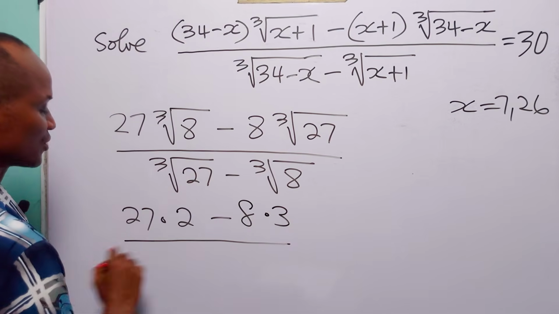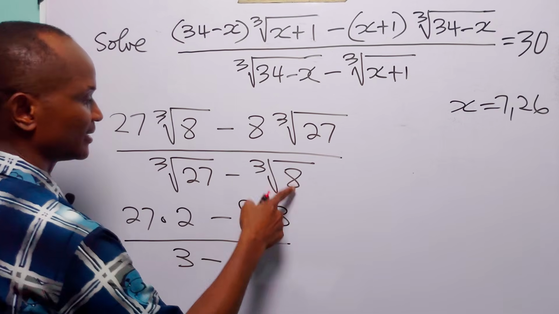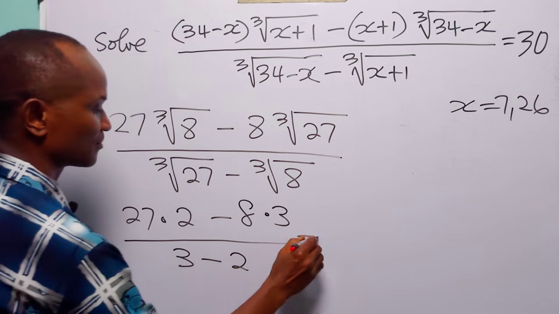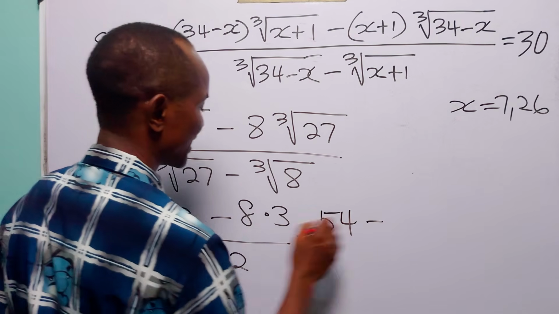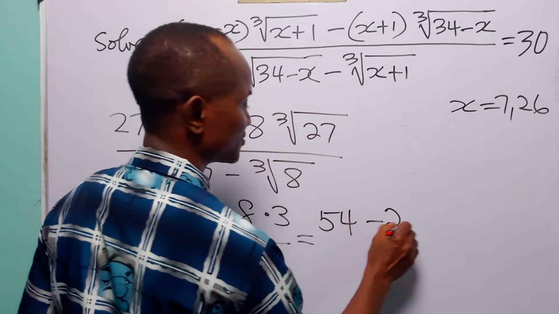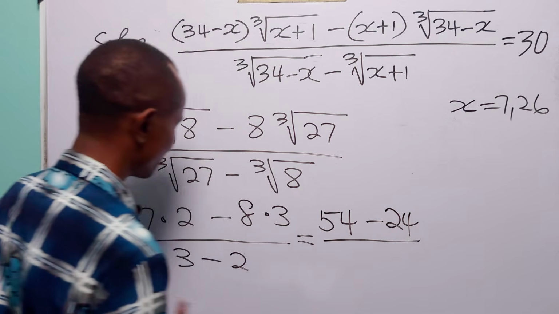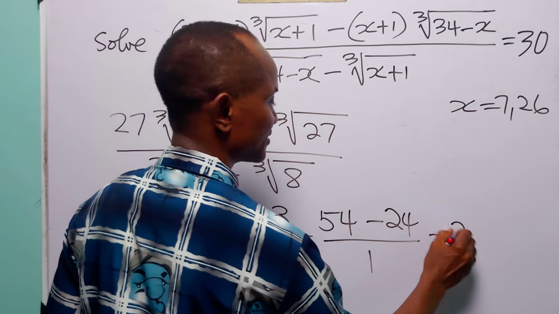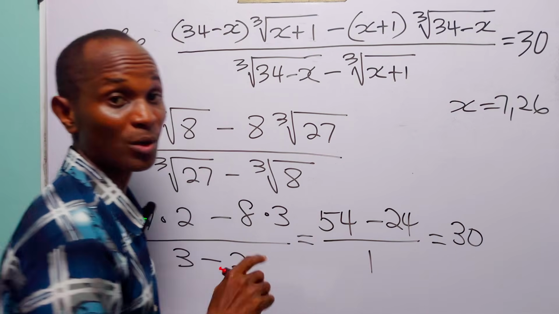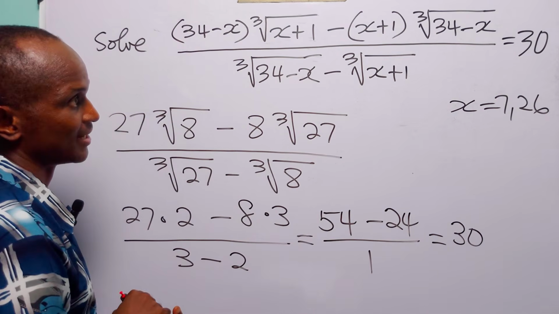Divided by the cube root of 27 is 3. The cube root of 8 is 2. 27 times 2 is 54. Minus 8 times 3 is 24. Divided by 3 minus 2 is 1. 54 minus 24 is 30, which is exactly what we have on the right-hand side.